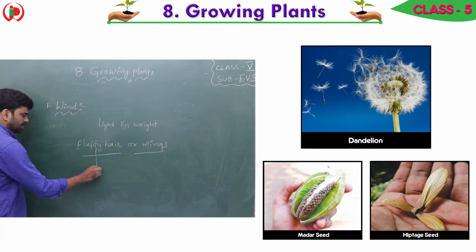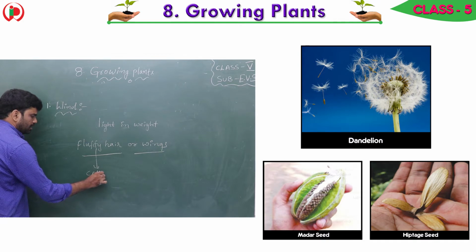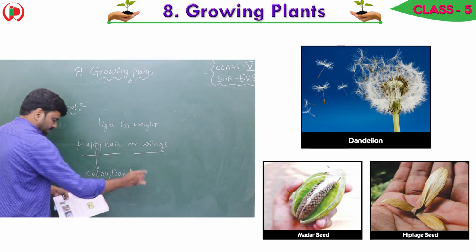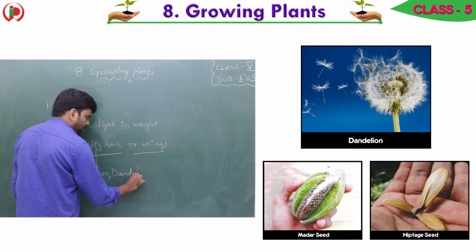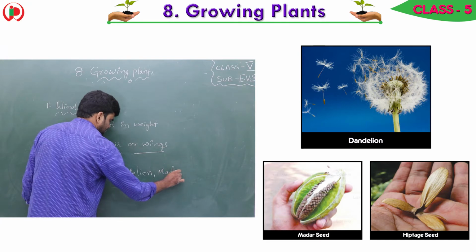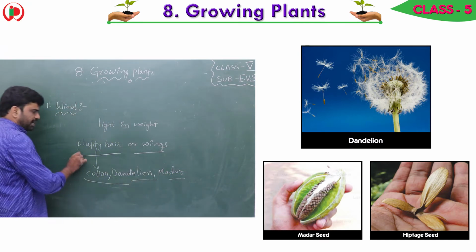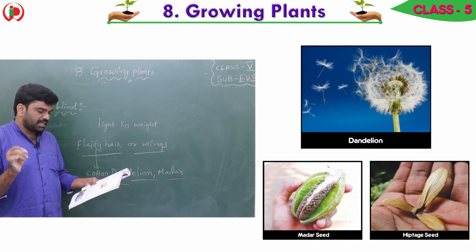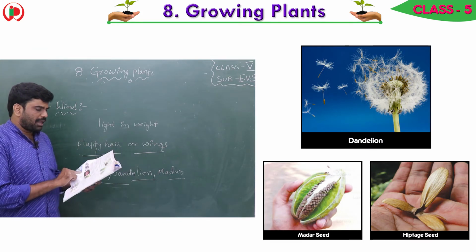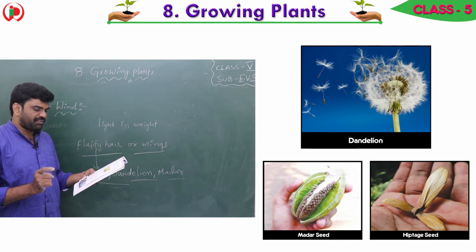So fluffy hair is present in cotton, dandelion, D-A-N-D-E-L-I-O-N, dandelion, and mother. These seeds have fluffy hair. Seeds of hiptage, see the second one is hiptage, maple and sycamore have wings.